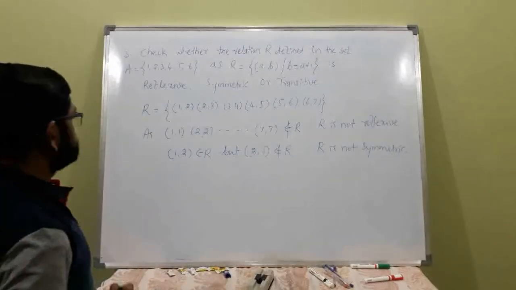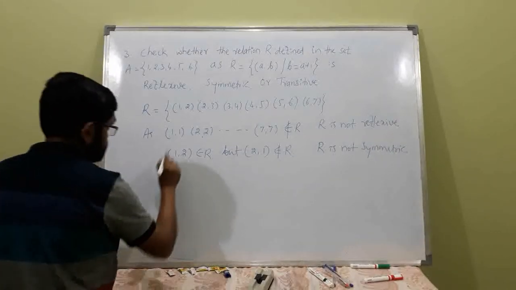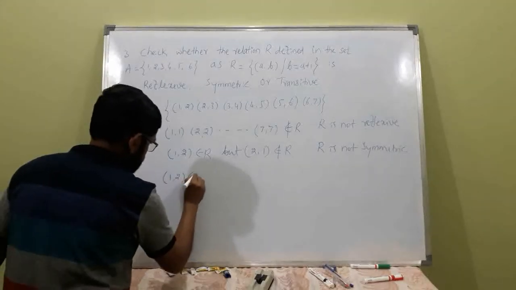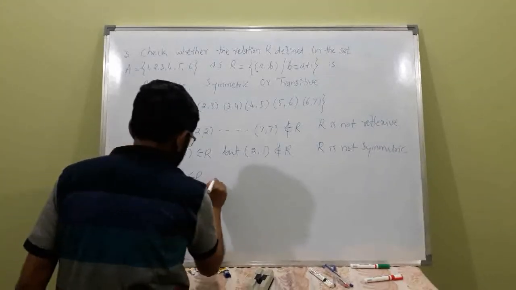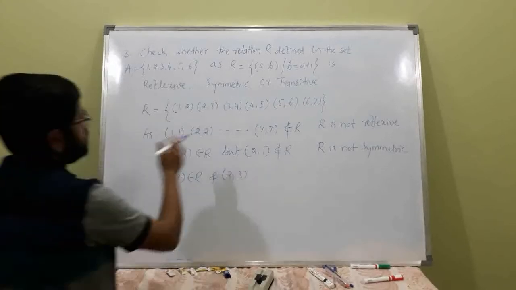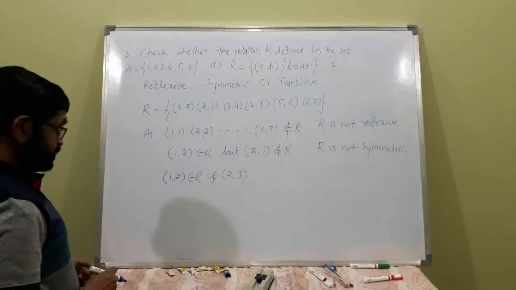Now take any two: (1, 2) belongs to R and (2, 3) belongs to R. Take any such pairs, (2, 3), (3, 4), (4, 5).